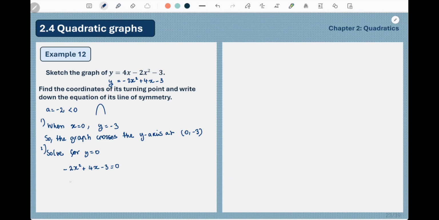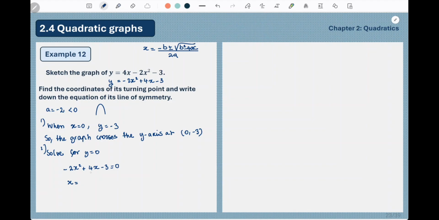So the quadratic formula states that if you have a quadratic equation, you can directly apply this formula. So it's going to be minus b plus or minus the square root of b squared minus 4ac, over 2a. So this is just a reminder. You can check the video for more details.